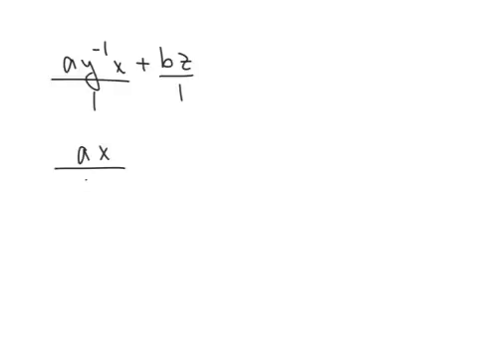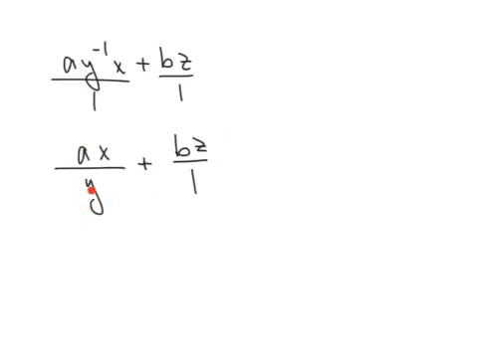Alright, so I have a y to the minus 1 x plus b z. Let's go ahead and put both of these over 1. Make them both fractions. In the first one, our y is in the wrong place. It needs to go on the bottom. And on the second one, nothing needs to be moved because everything is in a good place. But I do need to add these two together, so I need a common denominator.